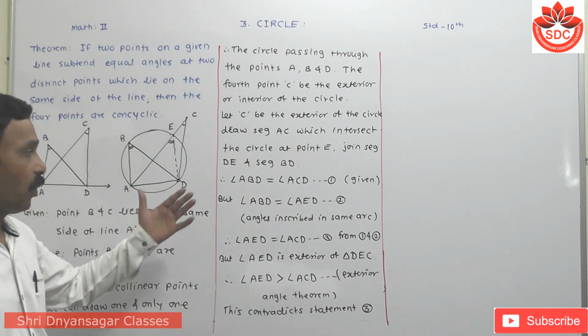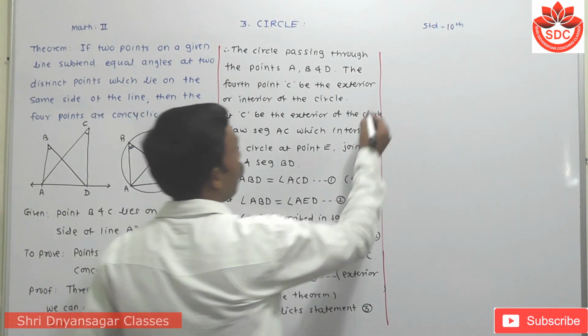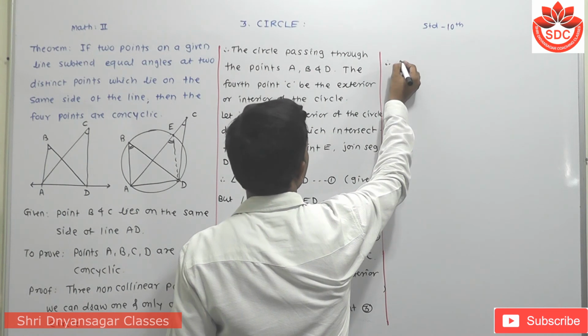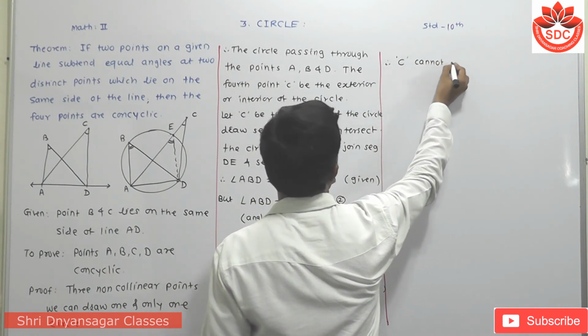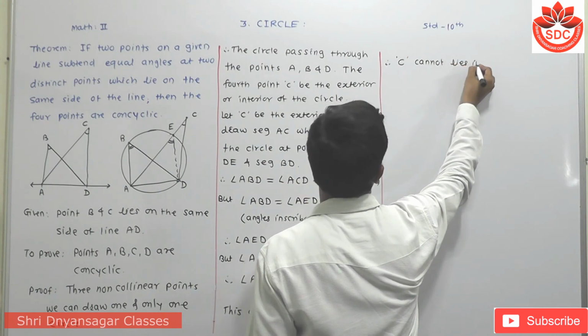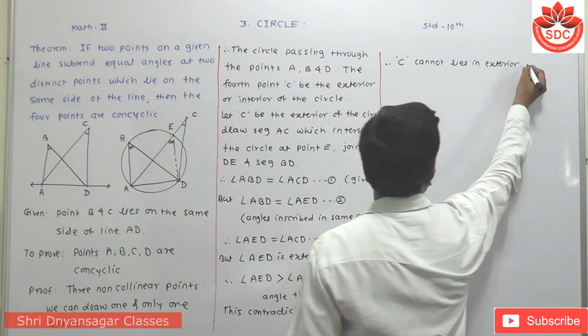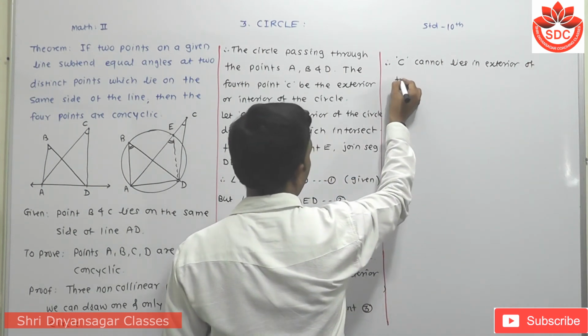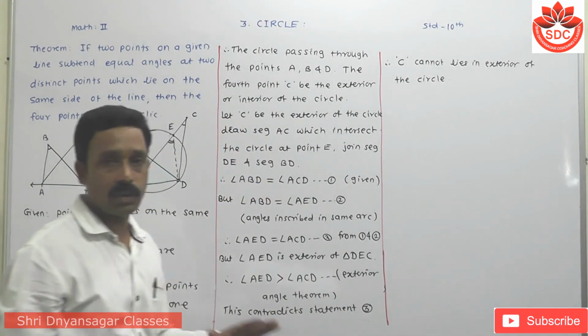Means that point C does not lie in the exterior part. Therefore, point C cannot lie in exterior of the circle. म्हणजे तो एक्सटेरियर असू शकत नाही.